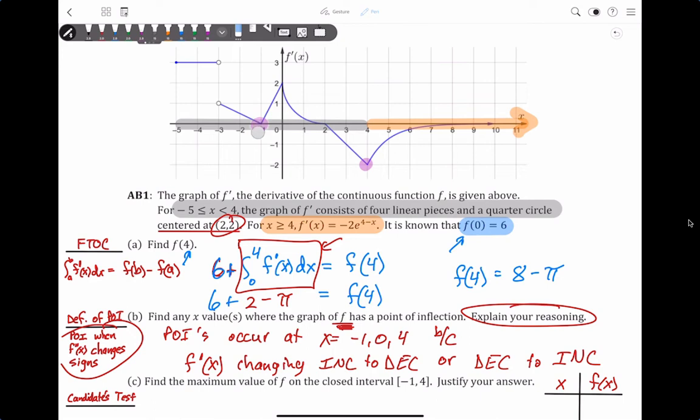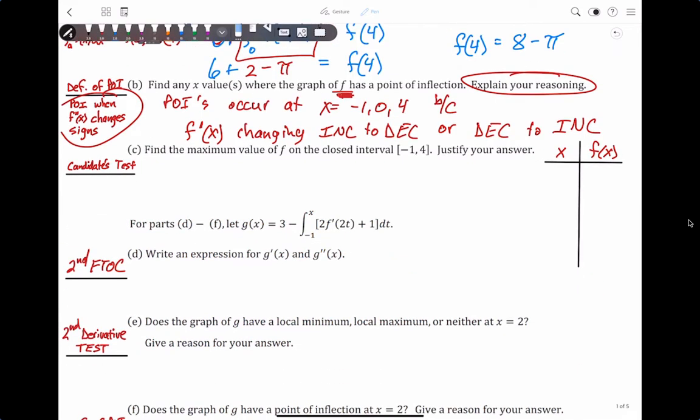So let's go ahead and erase that. Let's go to part C. So part C asks, find the maximum. Again, this isn't local or relative, so we're going to go straight to the absolute, which I will go ahead and refer to the candidates test. The absolute value, and when I'm saying the value, I'm not saying where, I'm saying what. What is that value?